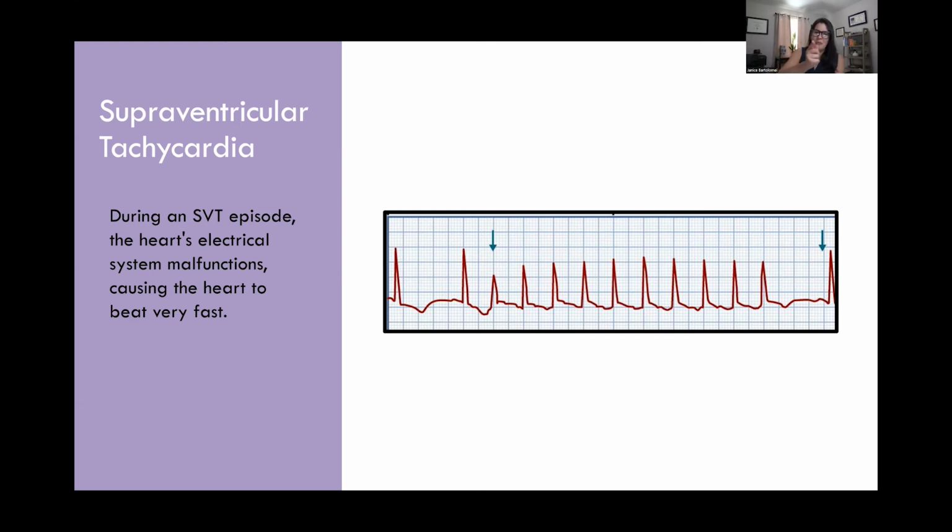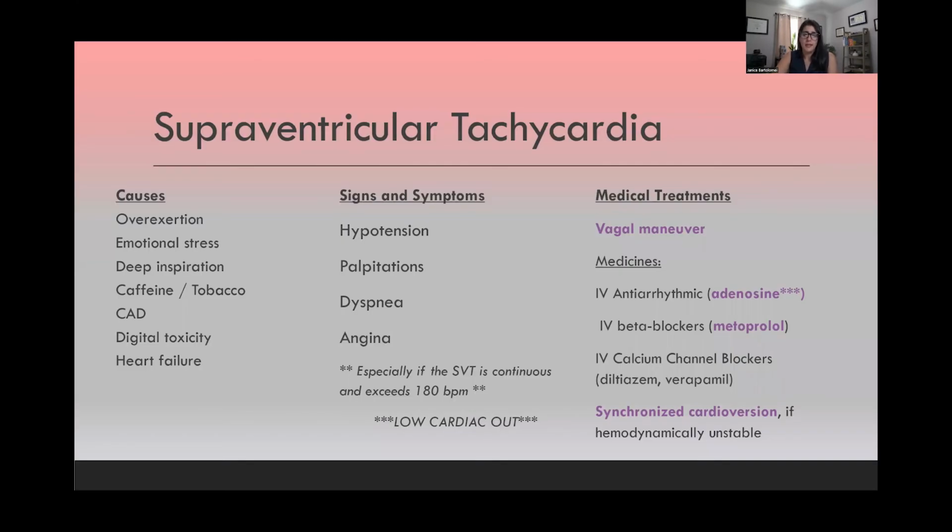If you need to rewind the video, you can. Anyways, some of the causes of supraventricular tachycardia, we also say SVT, are caffeine, stress, especially Monsters or Red Bulls or those 5-hour energy drinks. Especially when those came out and people started using them, we saw a lot of these clients in the emergency room.